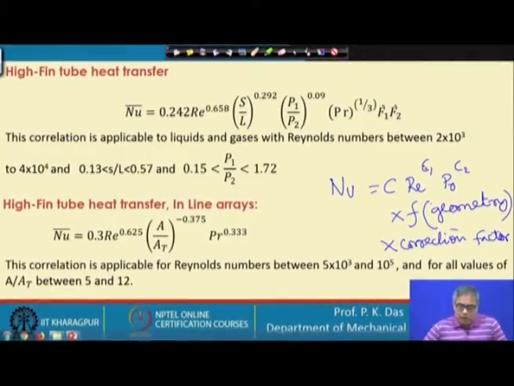Two correlations I have shown for high fin tube heat transfer. Obviously, the correlation at the top is more complex, the correlation at the bottom is not that complex, but at the bottom there is one term which needs explanation, A by At. A is the total area of the finned and unfinned portion of the tube.